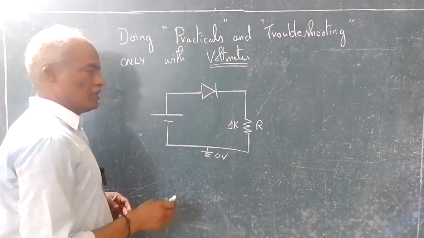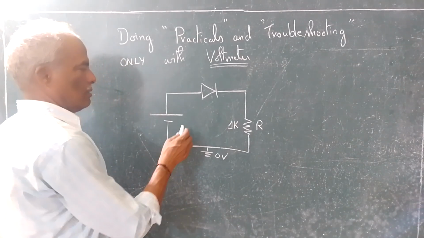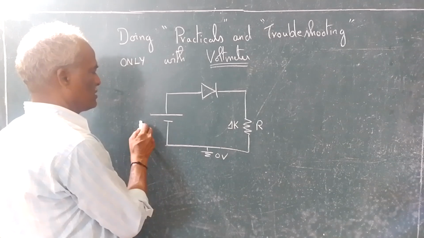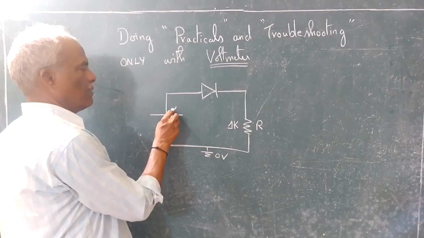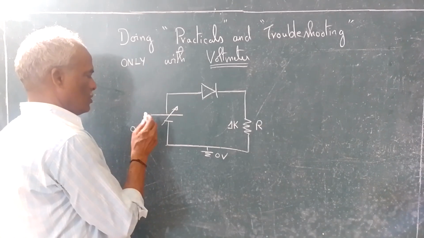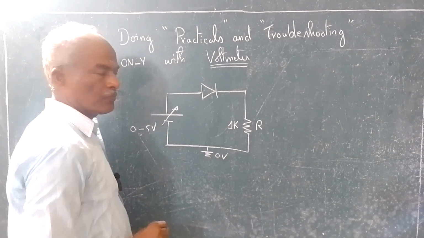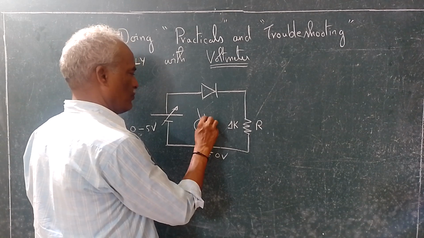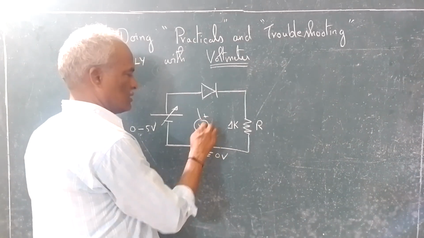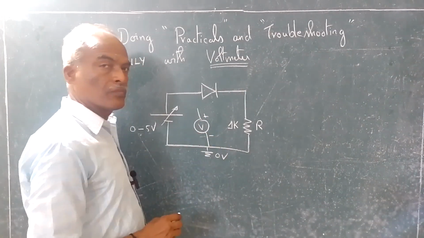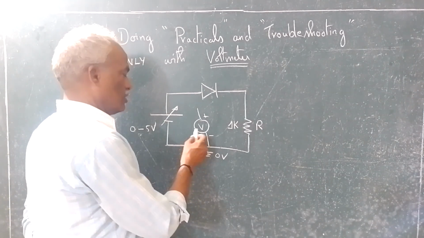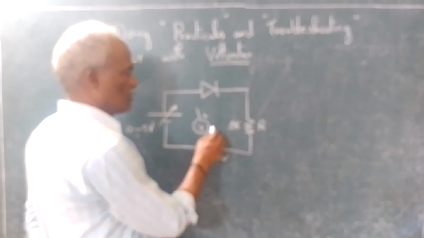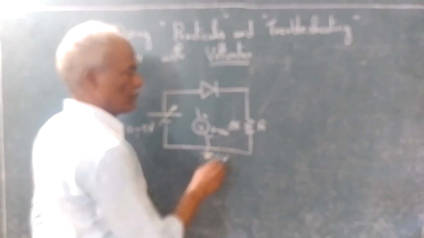Okay. Now what you do is, you have an analog or digital multimeter. In that you choose the voltage range. For example, say this is variable and can go from 0 to say 5 volts. So you have a voltmeter, positive, negative, and since I will be going up to 5 volts, you can choose the range from 0 to 10 volts.